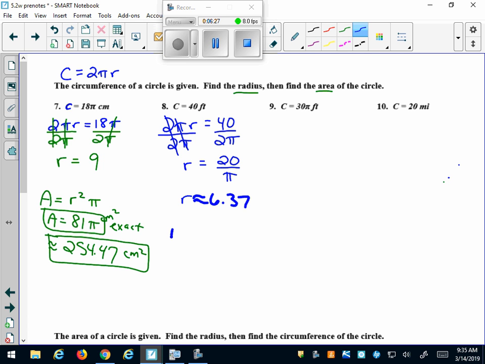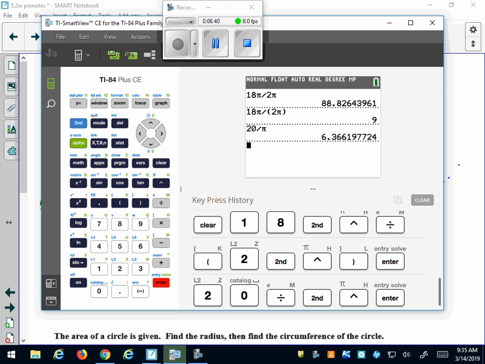But now I have to find the area. And I have to square that and times it by pi. I'm going to show you a couple of tricks on the calculator that I think are important to understand. All right, I'm going to use this as the example. So right now, my calculator has the full radius stored in its memory. I could round it and write it on my paper, but if I want to keep my answer as accurate as possible, I want to not round until the end.